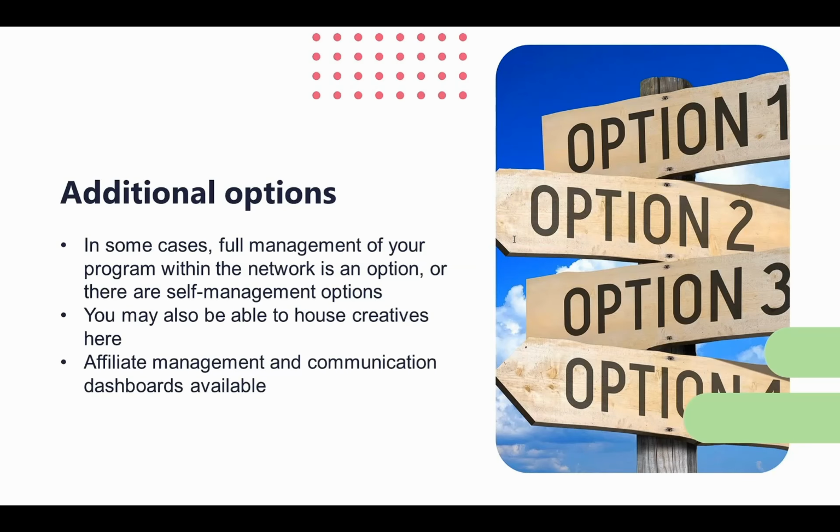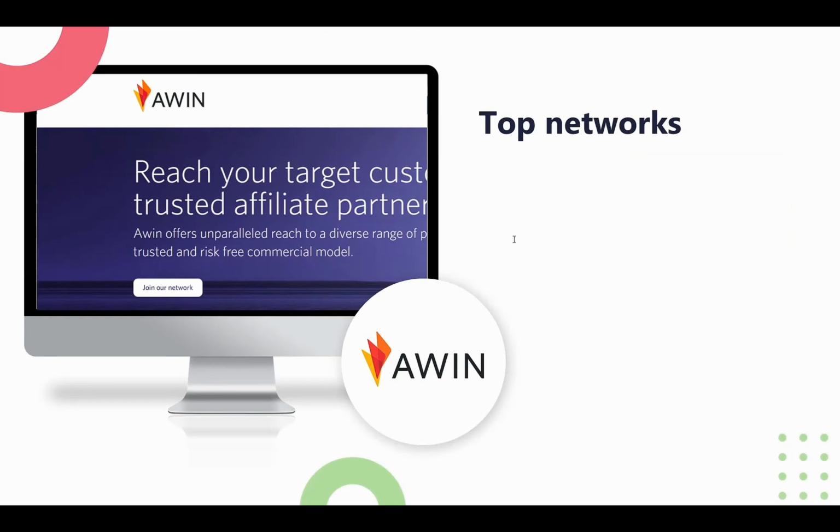Some examples of some top networks. I do recommend that you do your research if you are considering something like this. As I mentioned, there are so many networks and some of them are very niche. We have A1. They boast 230,000 plus active affiliates, which is quite a high amount. They approve all affiliates before they're able to actually join the network, which can be really good when it comes to qualifying and just ensuring that the people are relevant, not spammy, etc. They also offer multiple variations of commission settings, including something called payment on influence.